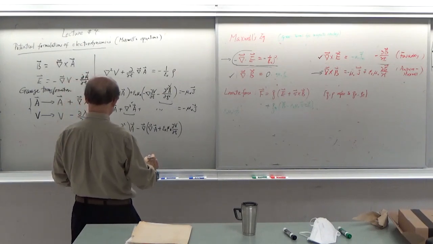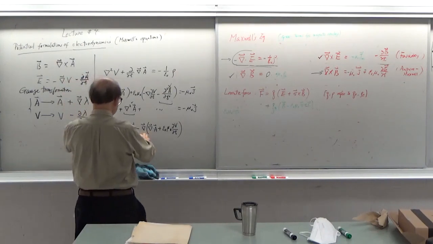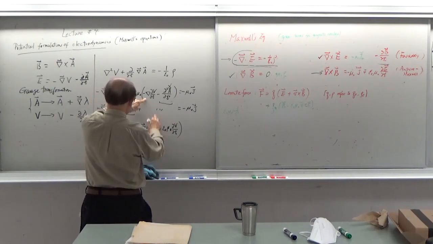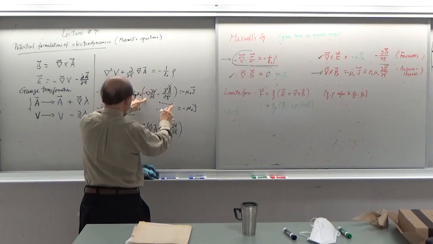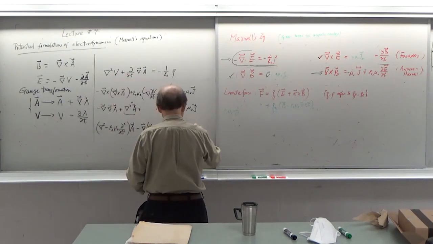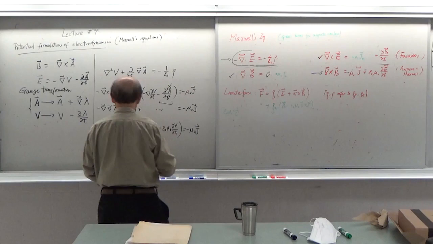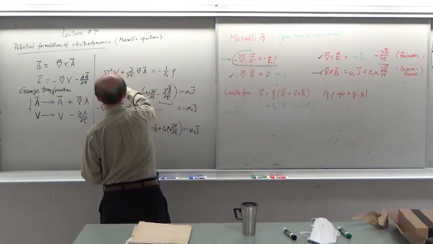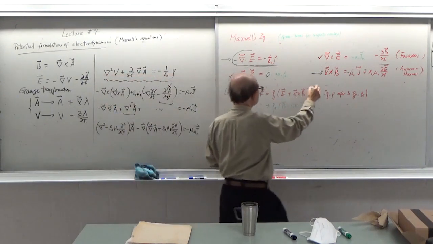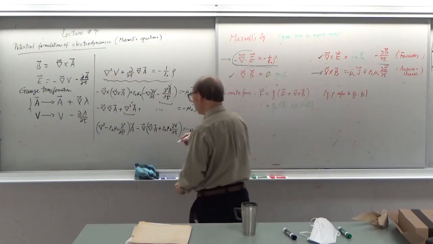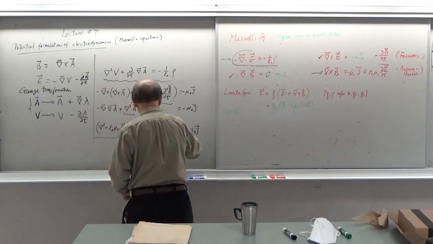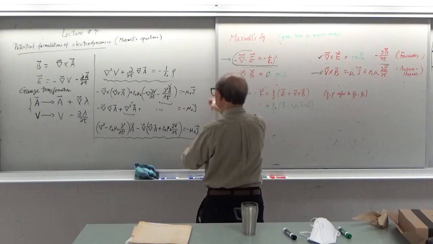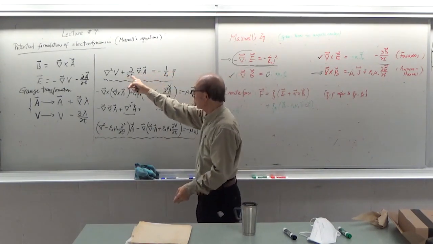I hope I have not made a mistake in sign. Let's see. Yes, this is that, and this term is what's going on the outside. But it looks like I'm correct. Minus mu naught J. So the first equation is now like this, and the last equation is this. So the remaining two Maxwell equations are now in terms of the potentials A and V.